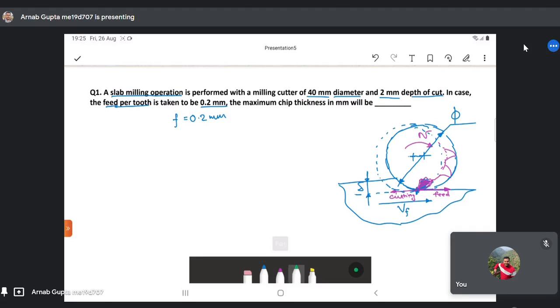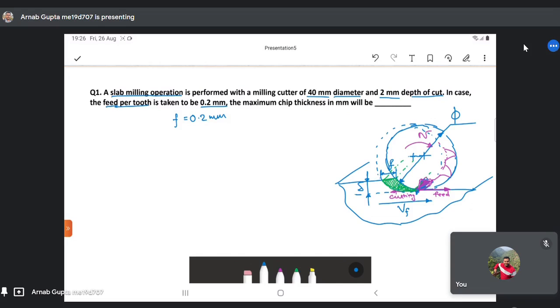So if you look into the workpiece, you will see that this much region of the workpiece is getting chipped away or removed, right? So you can see that the chip thickness, this is the 2D view. If you project it into the plane, then you will get a 3D view of this operation. So it will be somewhat like this. So you can see that this much amount of material is getting removed by this much feed, that is F, the feed per tooth, by one tooth.